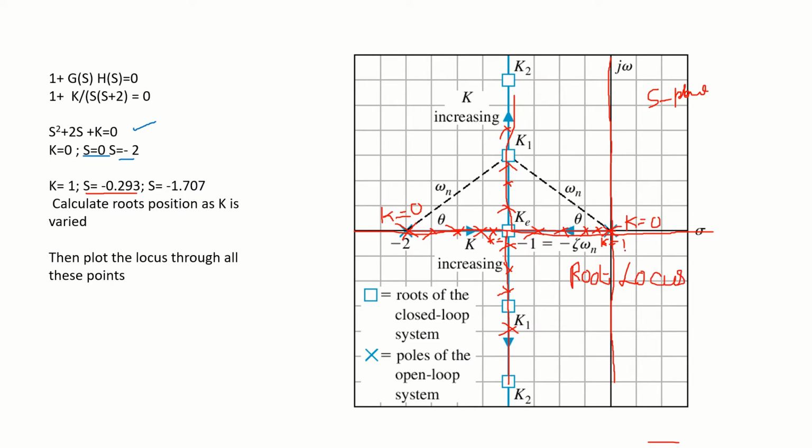So here you have open loop poles. Then as you go on giving the values for K, you get the roots, join them, and you are going to get the closed loop poles here. So then plot the locus through all these points, you are going to get the root locus.